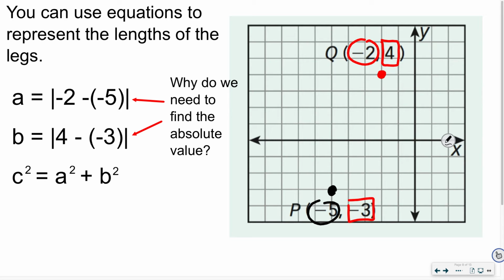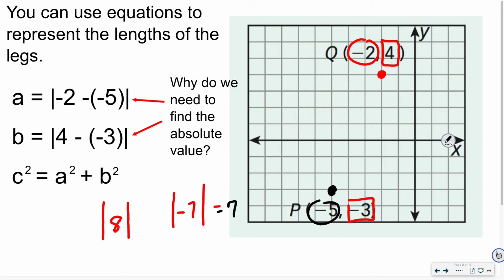What do we know about absolute value? Do you remember? If I said what is the absolute value of -7? It's 7. What about the absolute value of -8?